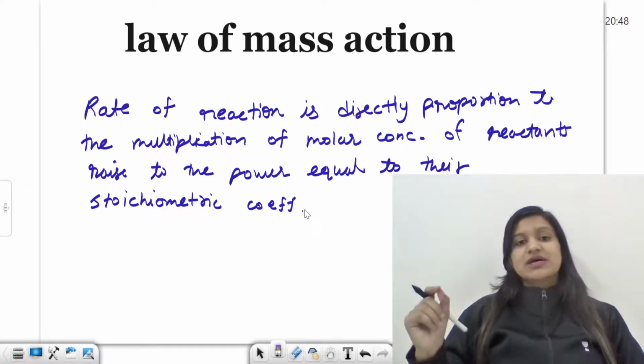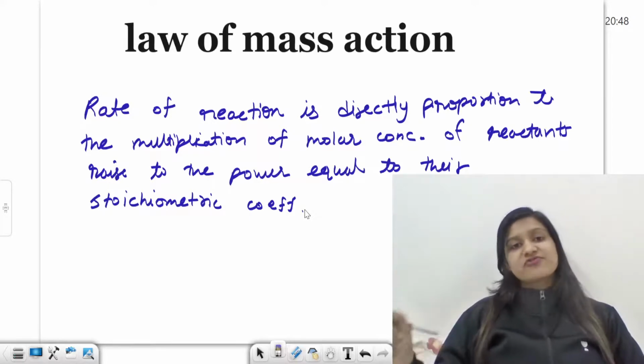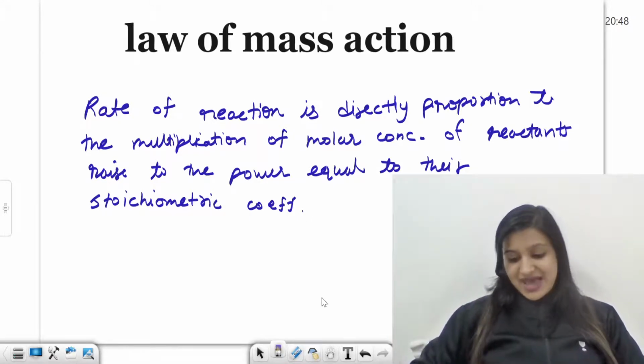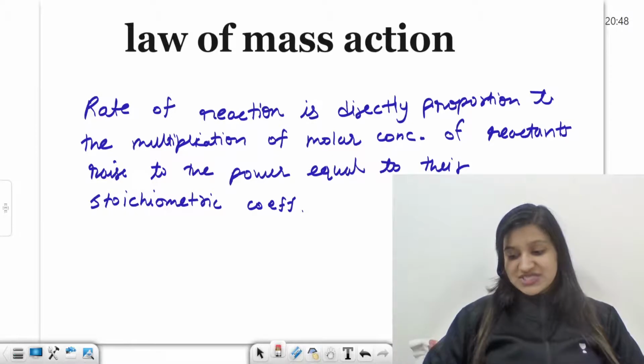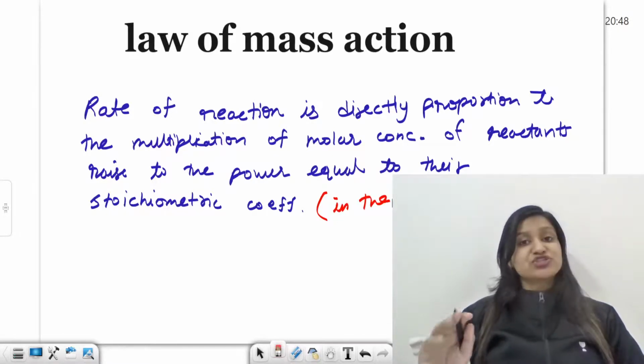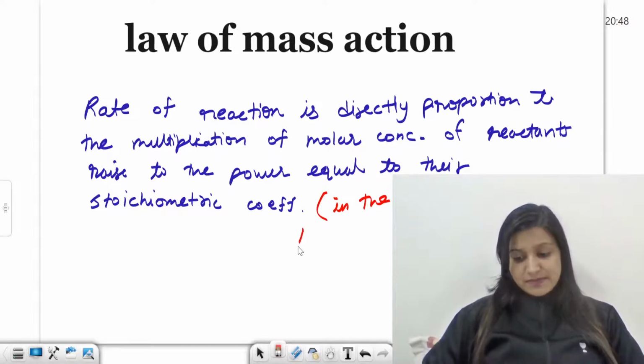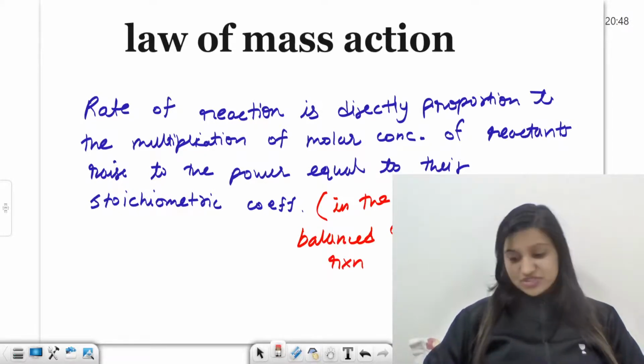That's what the law of mass action says. And the stoichiometric coefficients are as in the balanced chemical reaction. Your reaction should be balanced.